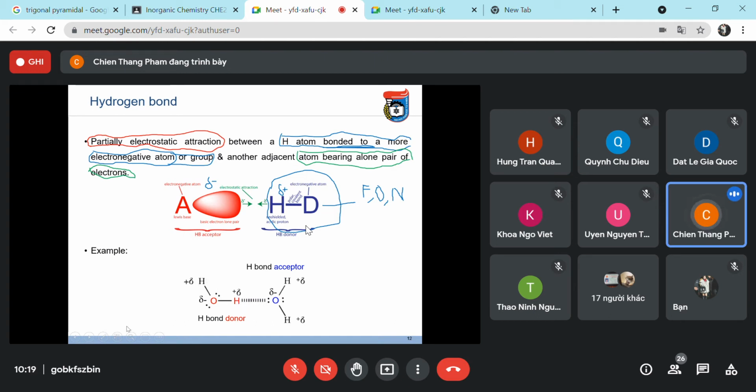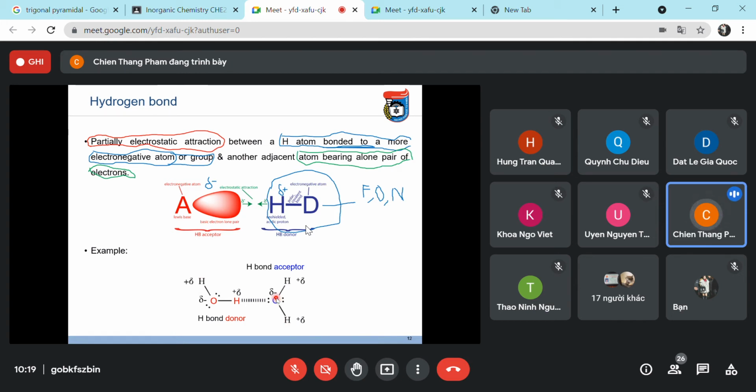In a similar way, these hydrogen atoms can produce a hydrogen bond with another oxygen atom from another water molecule, and similarly with this hydrogen atom and this hydrogen atom. So it means that in water there are so many hydrogen bonds.